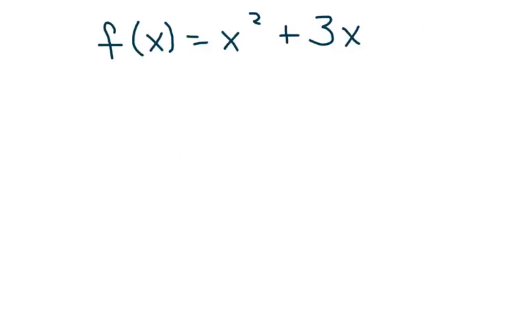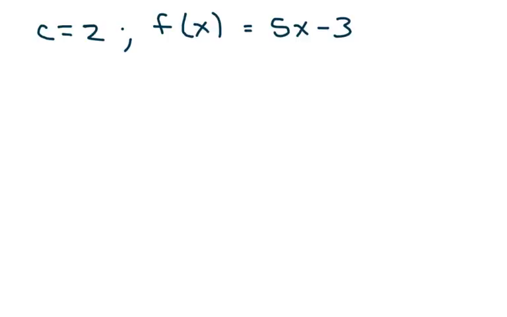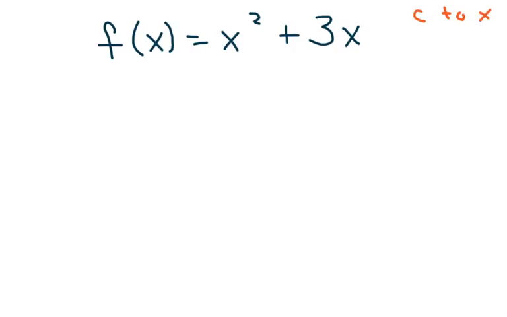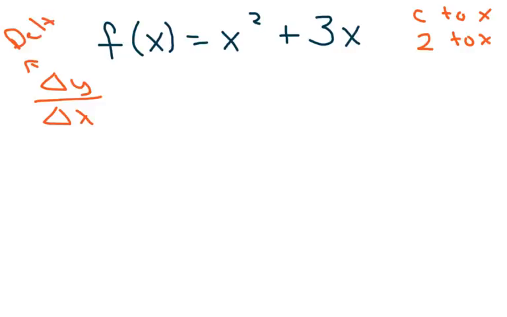So the first one we have is f of x equals x squared plus 3x, and we want to find what happens from c to x, and our c is going to be 2. So what you do is our average rate of change, delta y. This is delta, which means change in y over change in x.